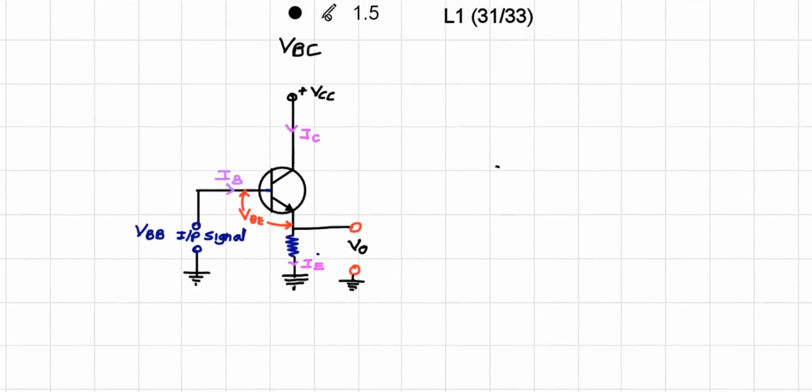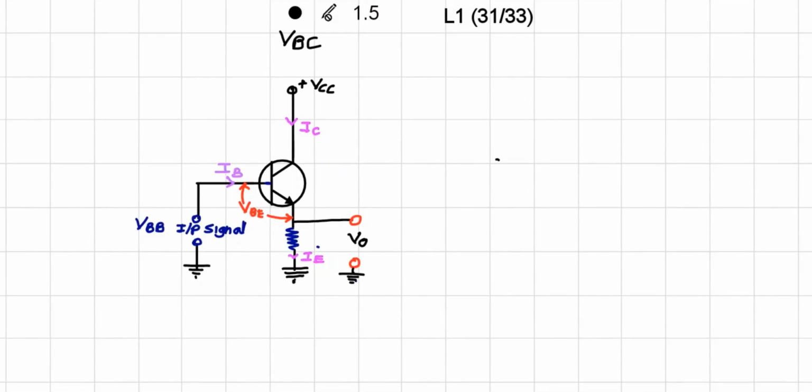Here it is shown. This is the base to which the input signal is connected, and this is the collector.